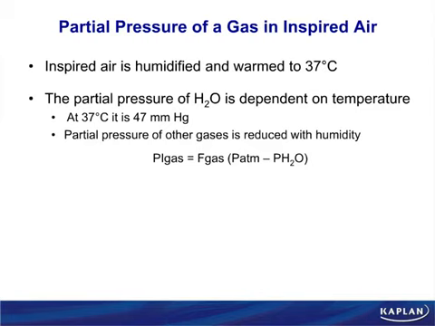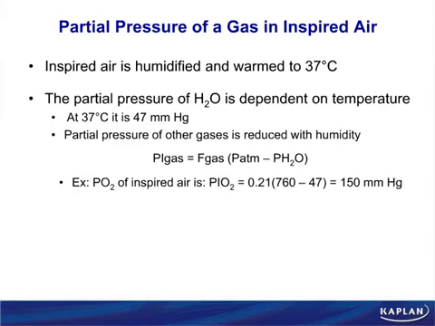Because we've added in a gas without changing the total pressure, that means the partial pressure of the other gases is going to change. So the partial pressure of an inspired gas, taking into account water vapor pressure, is we just take the fractional concentration of the gas times atmospheric pressure minus water vapor pressure. In other words, minus 47.